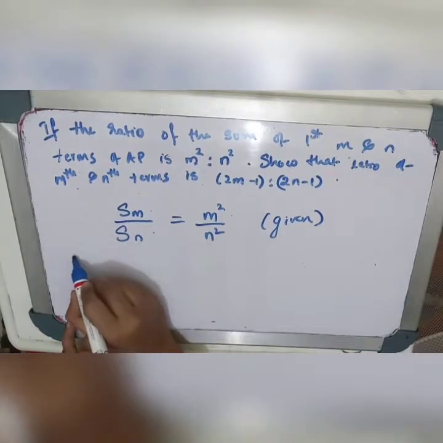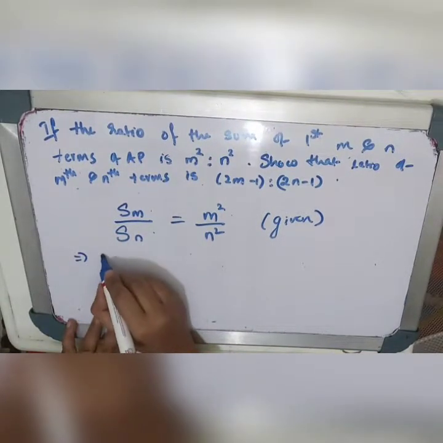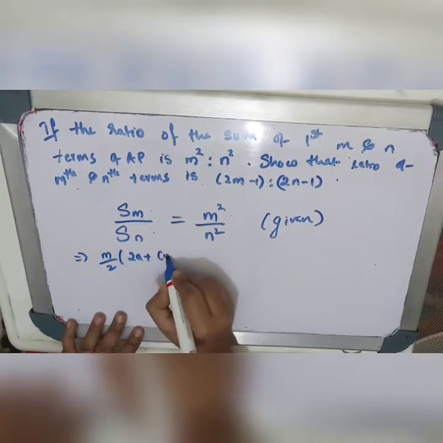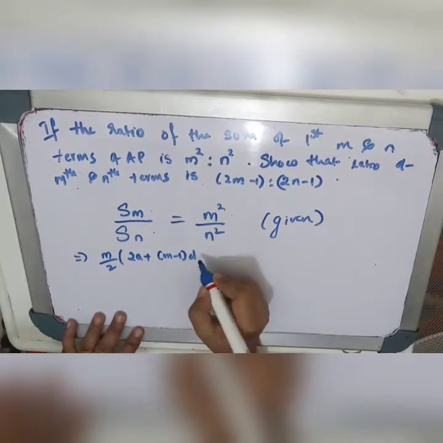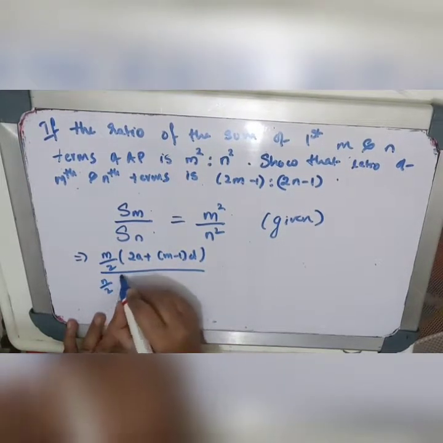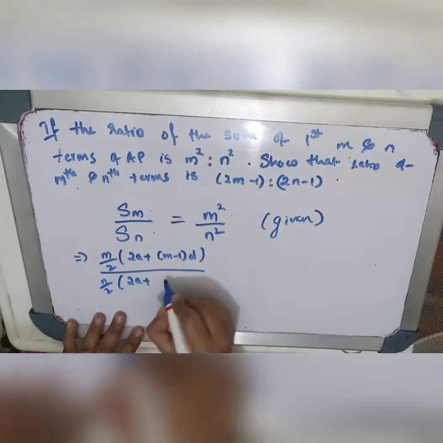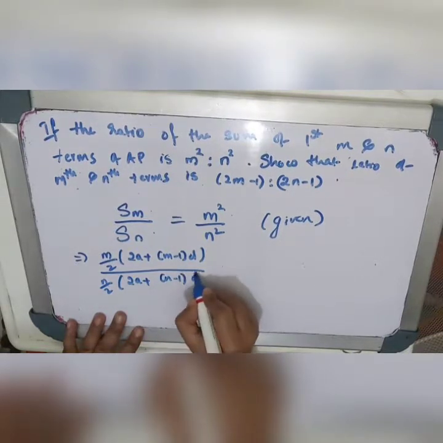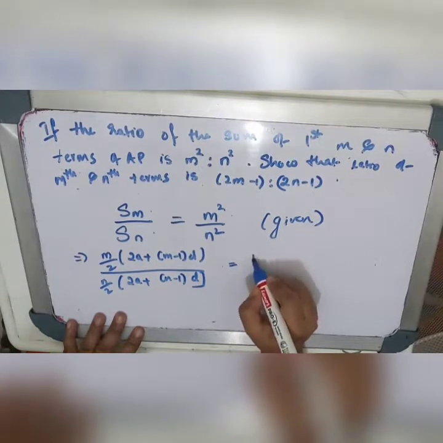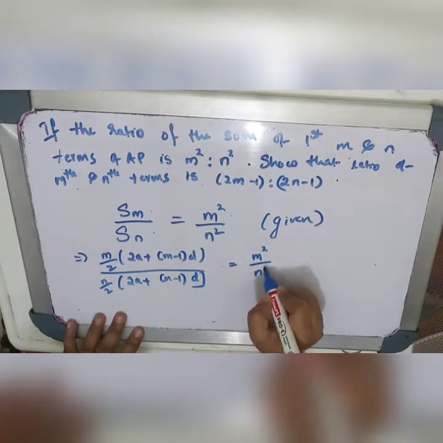What is the expression for the sum of m terms? m by 2 into 2a plus m minus 1 into d. And the sum of n terms can be written as n by 2 into 2a plus n minus 1 into d. Okay, that is equal to m square by n square.